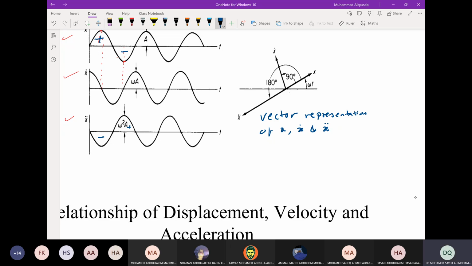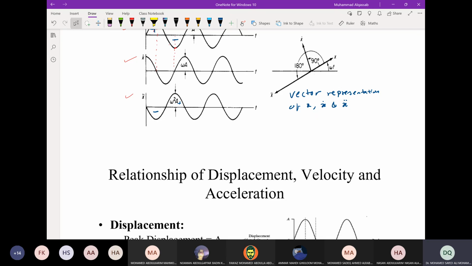Okay, so x at an angle theta, which is omega t, and 90 degrees to x is x dot, and 180 degrees to x is x double dot. Those are the three quantities of dynamics or kinematics, to be more specific, of the mass and their oscillations.